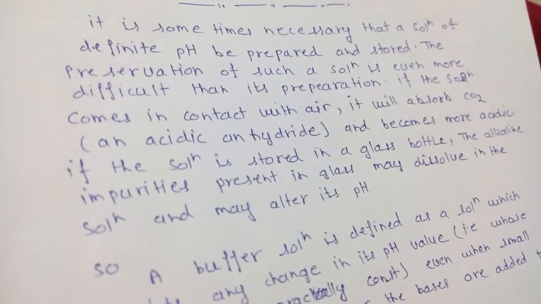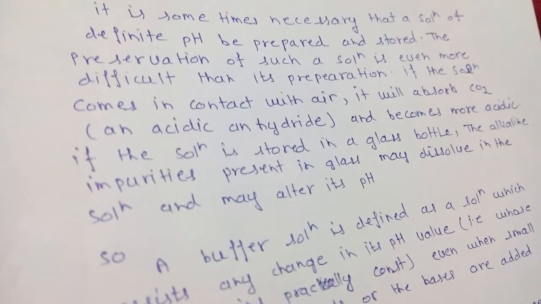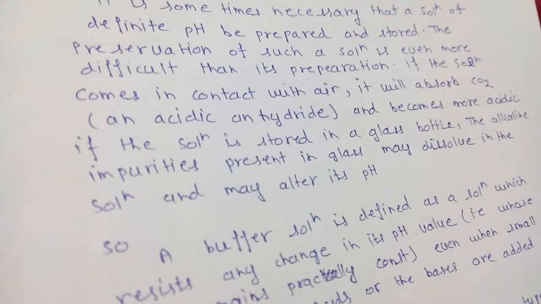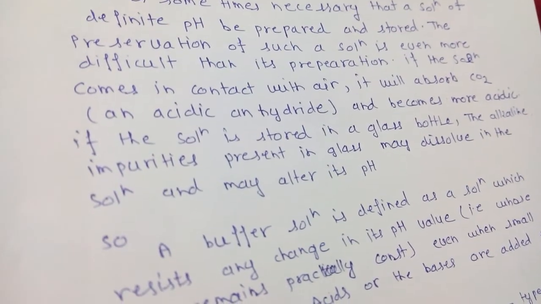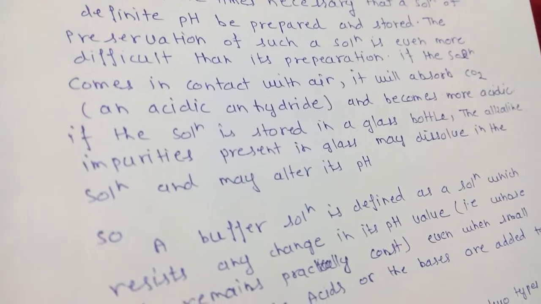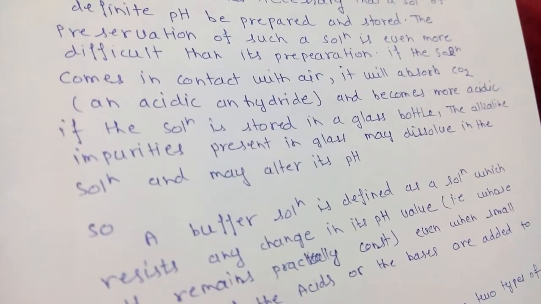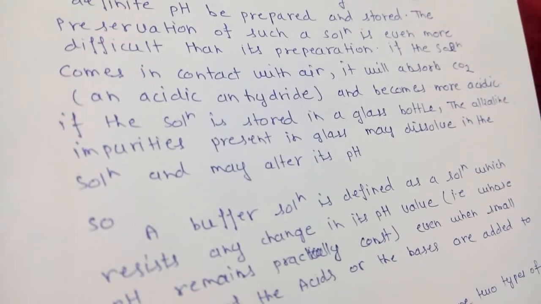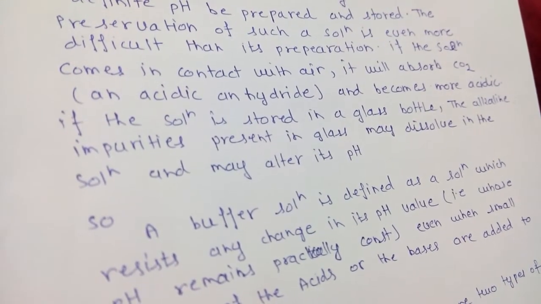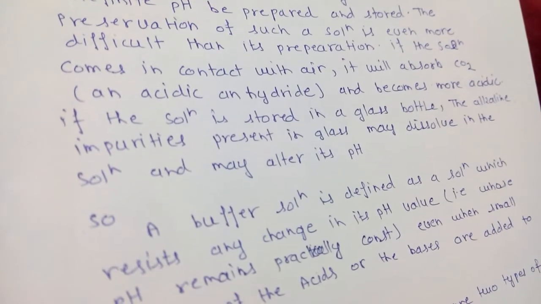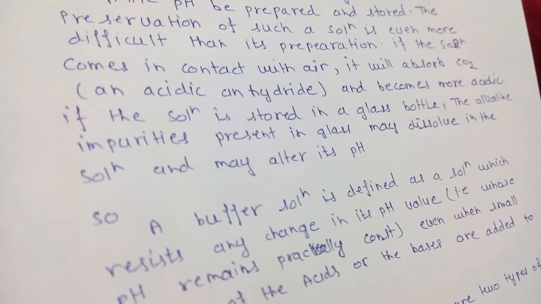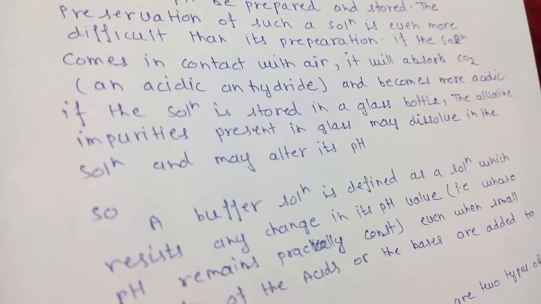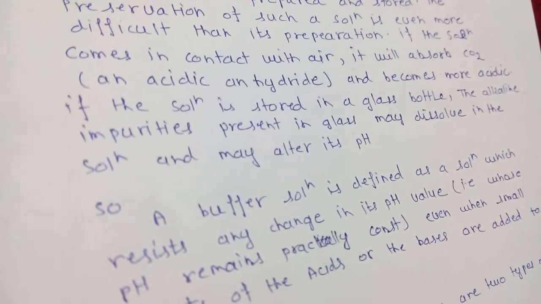It means storing them becomes more difficult than their preparation method. Like if the solution comes in contact with air, it will absorb some CO2, and we know that CO2 is an acidic anhydride and becomes more acidic, and the solution becomes more acidic.